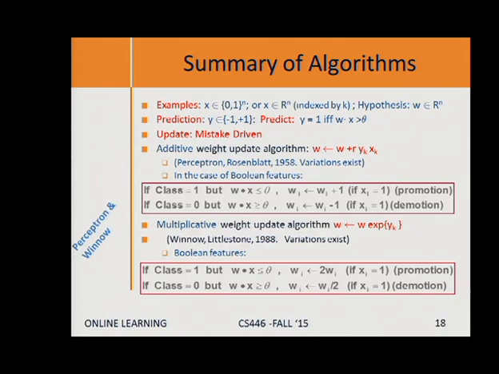So I'm either multiplying it by 2 or dividing it by 2, depending on whether y is 1 or minus 1. Very simple algorithm. And I also write here the case of the Boolean features, because these are important cases. In many, many cases, we deal with Boolean features, and that adds a lot of efficiency to both algorithms, because you actually touch only a small subset of the weights, those that correspond to the active xi's.